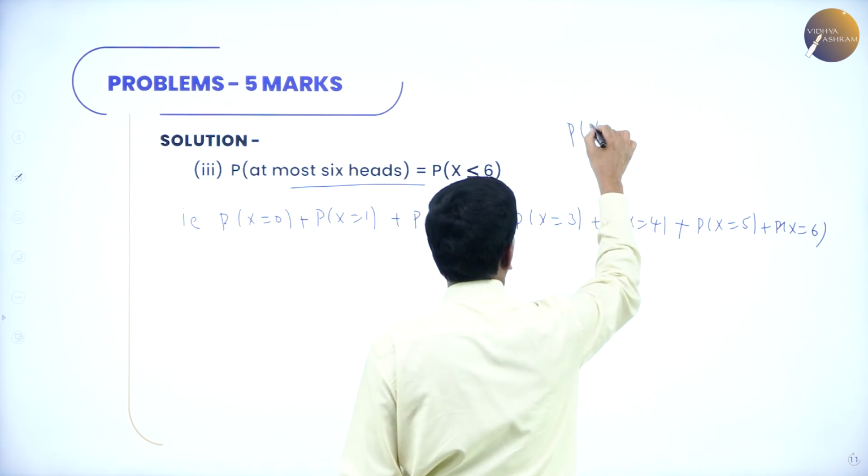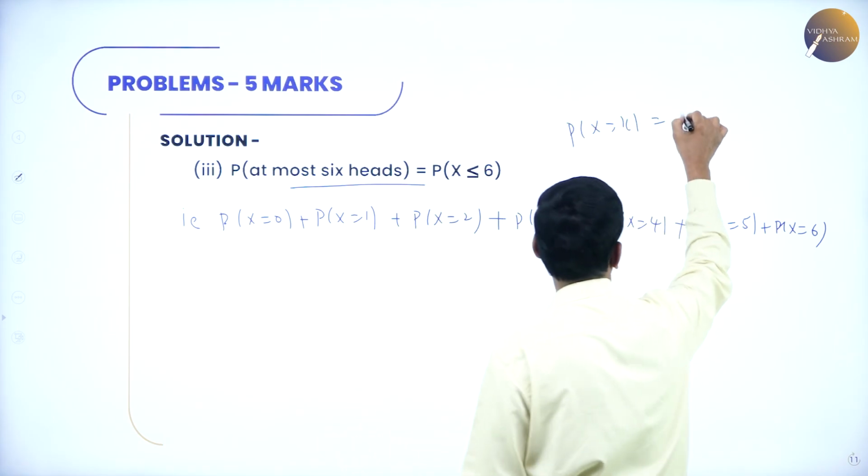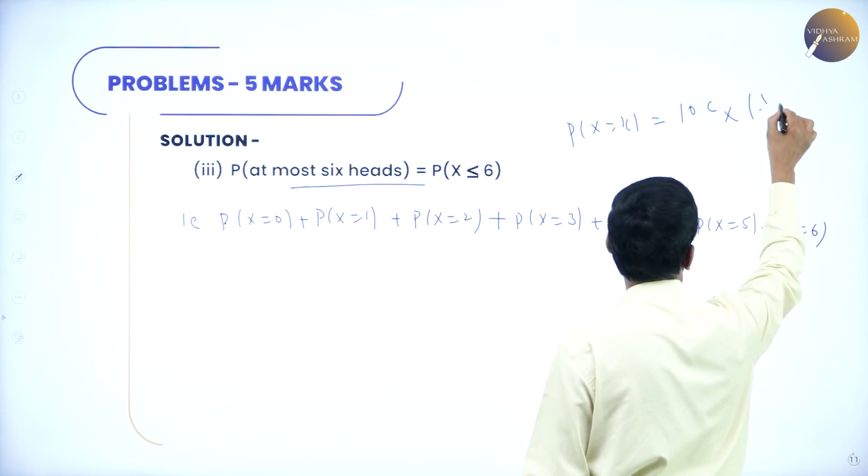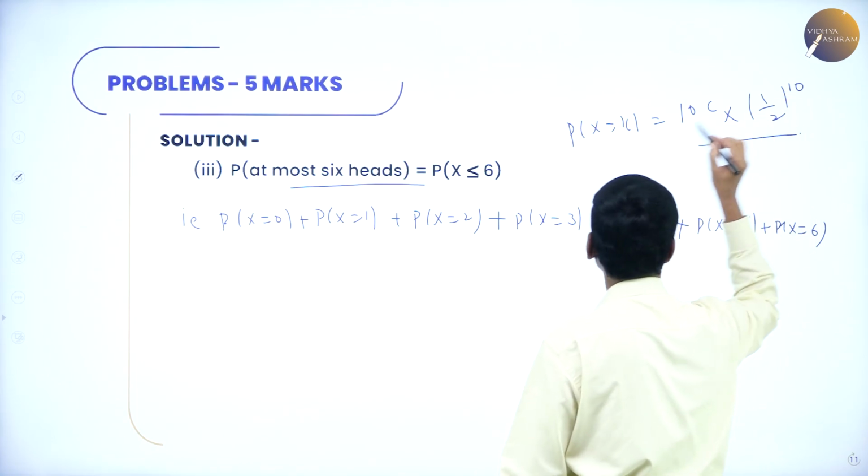So we know P of x is equal to 10cx into 1 by 2 to the power of 10. Substitute the value.